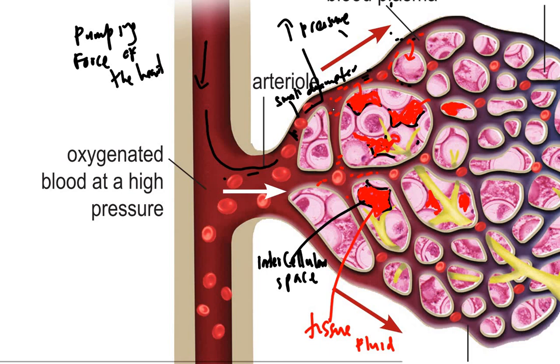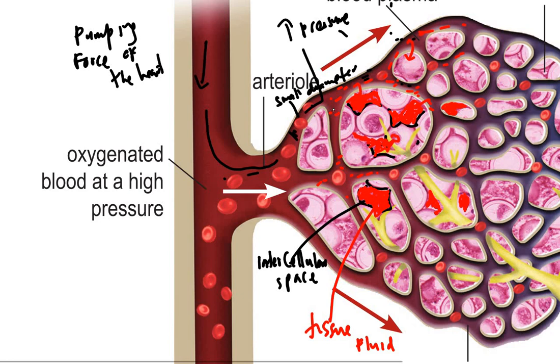Okay, so when the blood plasma diffuses continuously and bathes the cell and occupies the space between the cells, the fluid is known as tissue fluid. We do not call this blood plasma. Blood plasma is inside the capillary. When it diffuses here, it is known as tissue fluid.